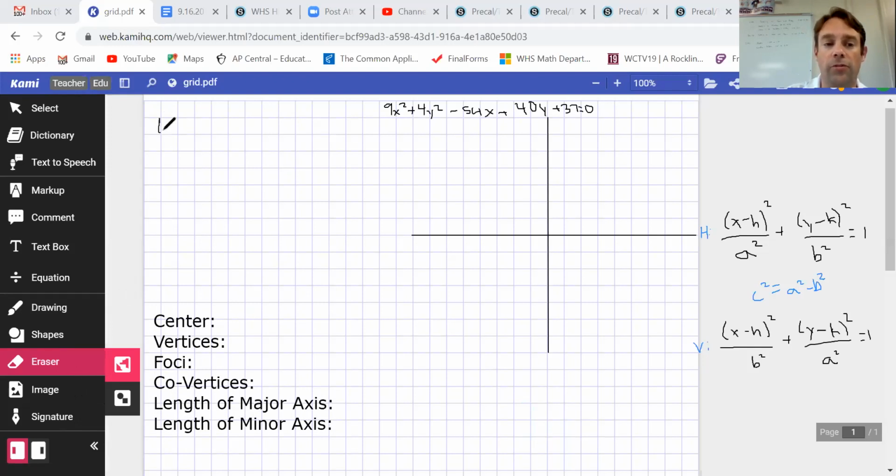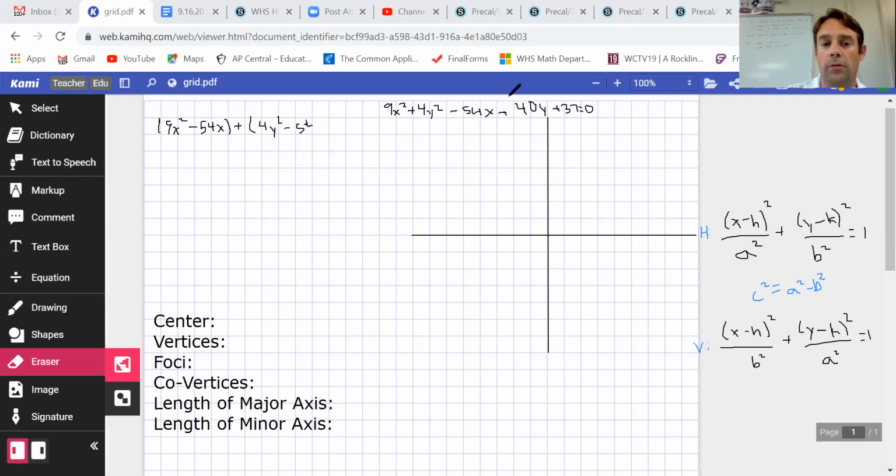The only difference is we're going to have a number now in front of the x squareds. So we're still going to group up all our x's. And remember, when we group them up, I told you when we were doing circles yesterday, always put a plus in between your parentheses. That's going to become important for the conic section, the last one we deal with tomorrow.